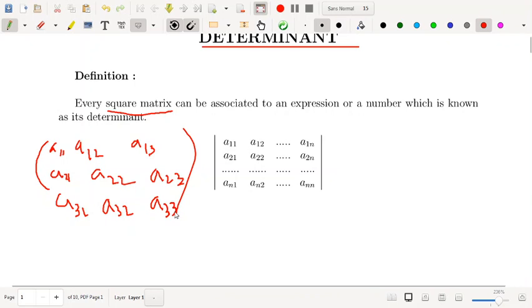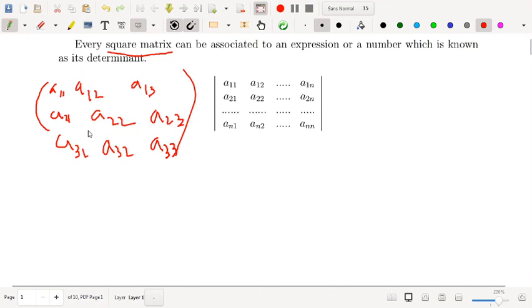So this matrix, suppose. What is the determinant corresponding to this matrix? The determinant will be of 3 cross 3 order, a third order determinant, right.